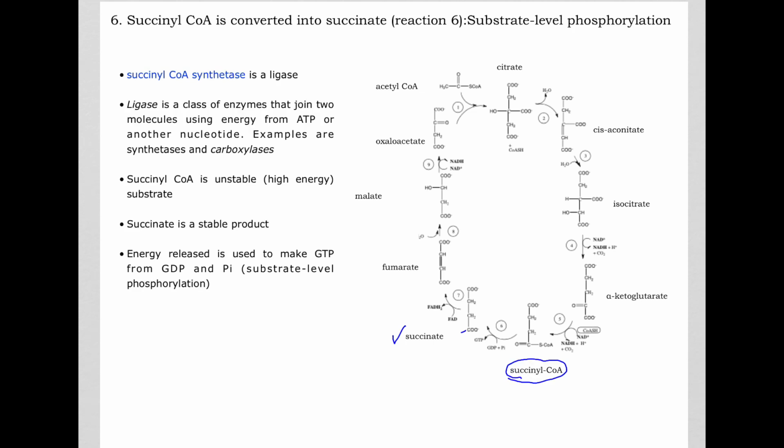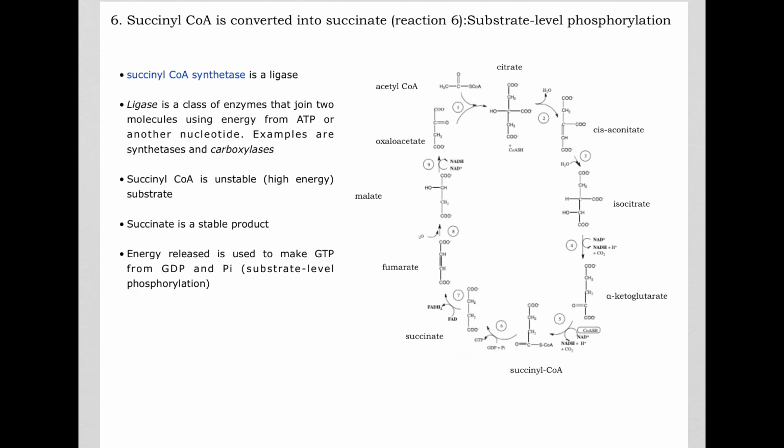So the energy that is released by converting a high energy unstable chemical into a low energy stable chemical is used by this enzyme to react GDP and Pi to form GTP. GTP in terms of energy is equivalent to ATP.